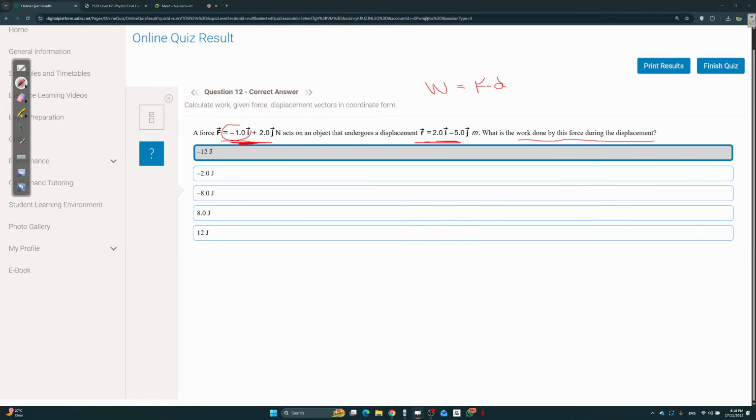It's this one times this one plus this one times this one, right? So let's do it. Negative 1 times 2 is negative 2 plus the 2 times negative 5, which is negative 10. So you get negative 12 joules. So easy.